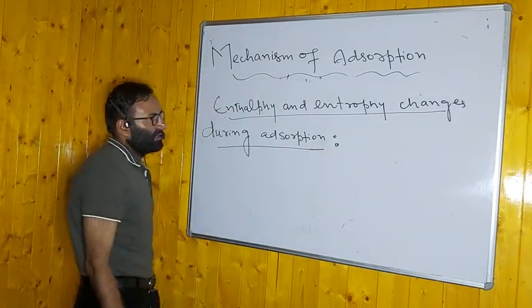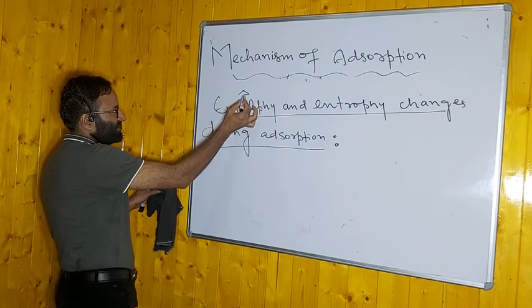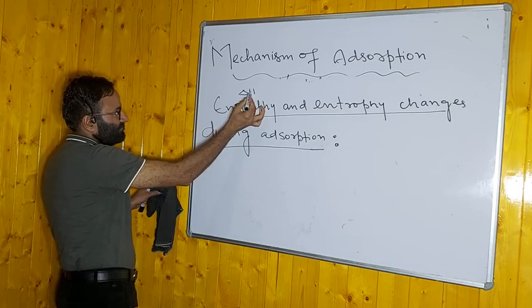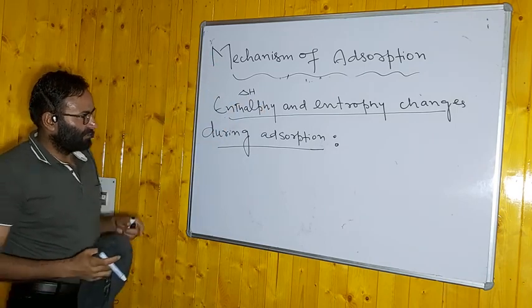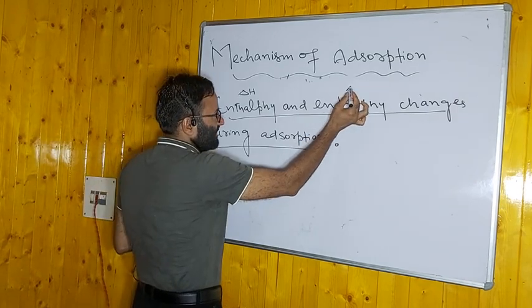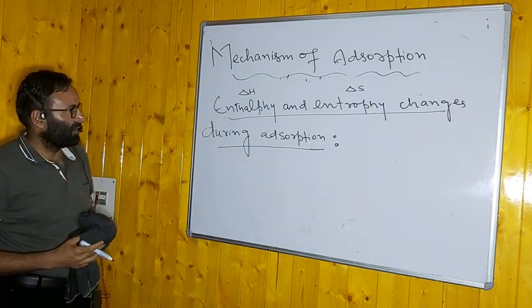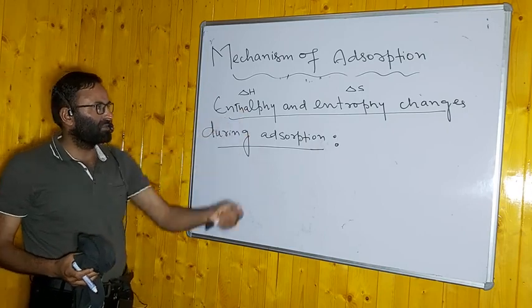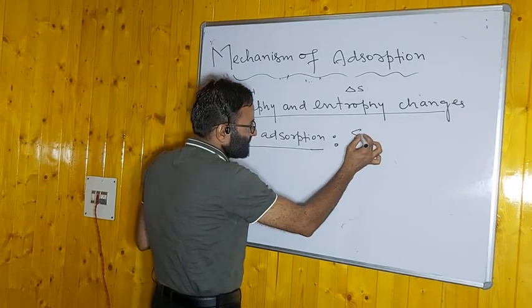When adsorption takes place, what happens to enthalpy? I will mention here enthalpy change means delta H. You have to mention delta H above the enthalpy. Remember this one. What is entropy? You can mention here small, it is delta H. What happens to the delta H during the adsorption process, or you can say spontaneity?